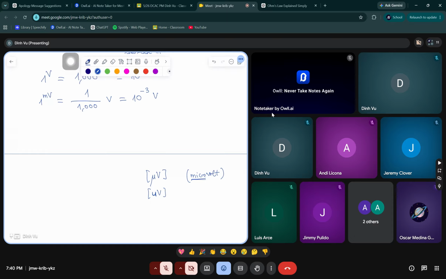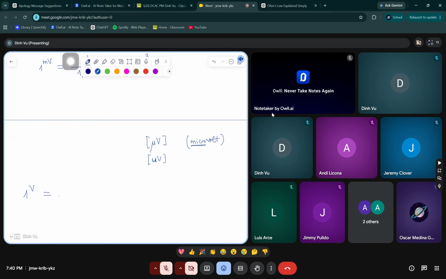One volt is 1 million microvolt. Micro is million. 1 volt is 1 million microvolt, or it is 10 power 6 of microvolts.